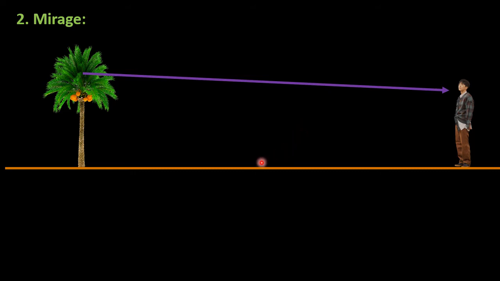During the daytime in the desert, the surface of the earth is heated by the sun. As we already know, the surface of the earth is covered by the atmosphere. There are layers of atmosphere, and the air very near the ground gets heated up.